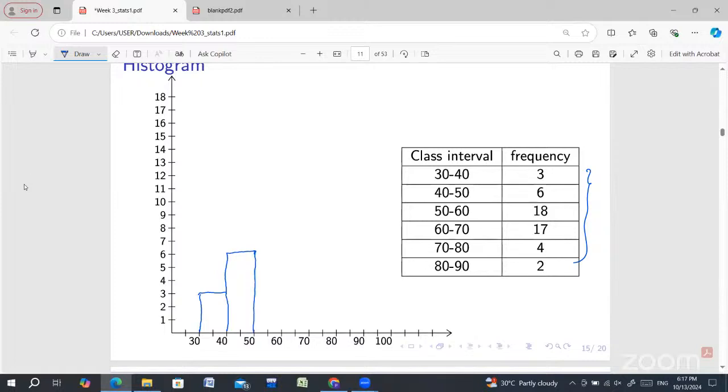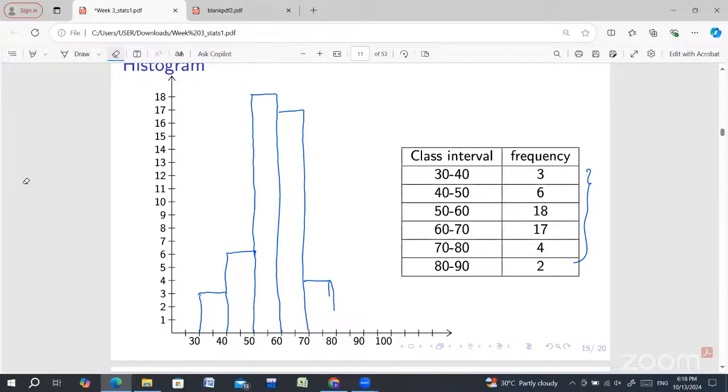Then for 50 to 60, it is 18. Then 60 to 70, it is 70. Then 70 to 80, the frequency is 4. And then 80 to 90, the frequency is 2.